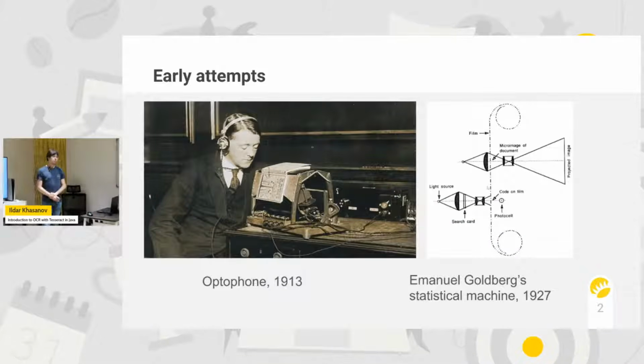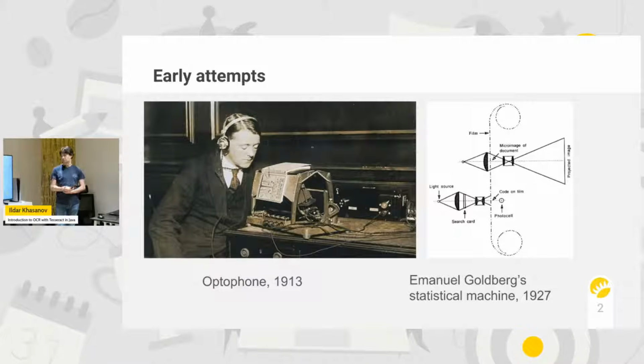OCR technology started a bit earlier than the first computer was built, actually. On the left, you can see the Optophone that was developed to help blind people to read text. It used photosensors to read black fonts and to transform it to some kind of melody.